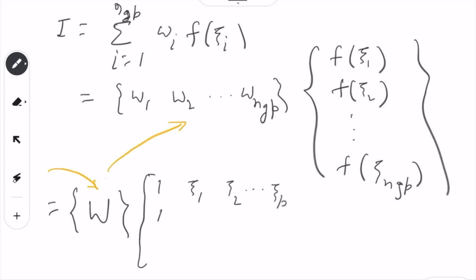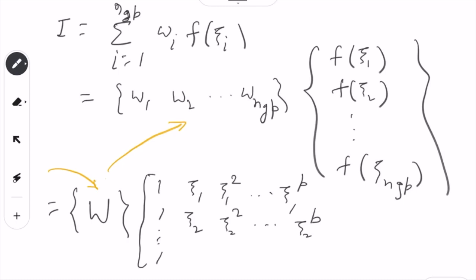Similarly 1, xi 2, sorry, this should not be like that, it's wrong. So we will have xi 1 square to xi 1 p, xi 2 square, xi 2 p, and so on.